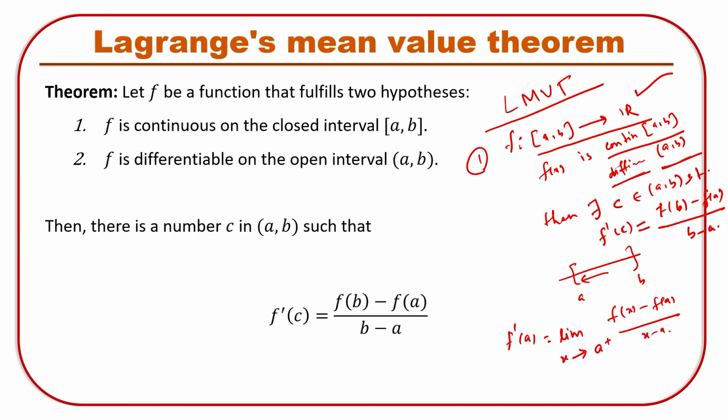That means f of b minus f of a divided by b minus a. That is the Lagrange mean value theorem.